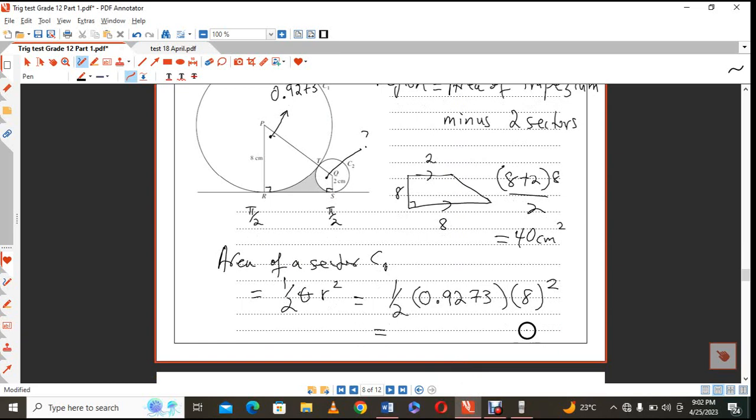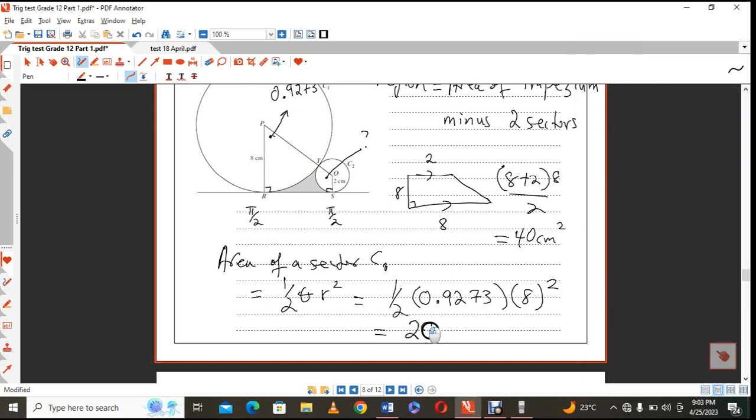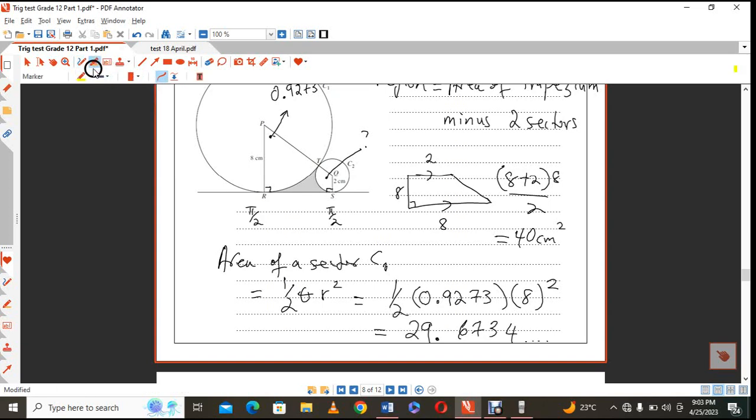So let's just grab the calculator and see what is this value. Okay, so the calculator is still having that. So I'm just going to say times a half times 8 squared. So that's going to give me pretty much an answer that I'm looking for, 29.6734. Okay, so that's going to be, if I have to shade it just to bring your attention, what we now calculated was this area here.